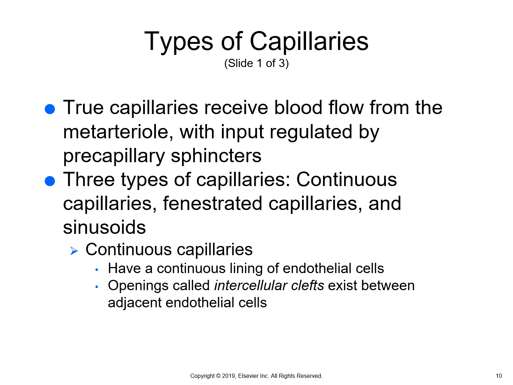All right, continuous capillaries. They have a tight, unbroken lining of endothelial cells, and that makes them less permeable than those other types.